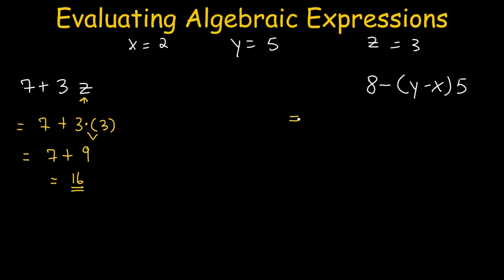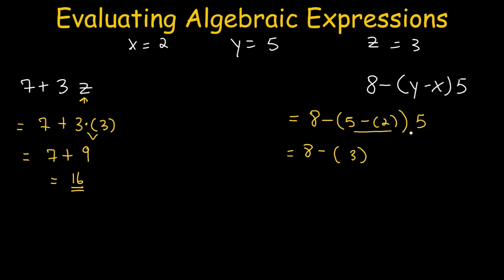Right, this next problem. Let's rewrite 8 minus, and let's plug in y. Y is 5 and x is 2. Let me put it in parentheses so I can see what is happening. Over here we can do 5 minus 2, and 5 minus 2 is 3.